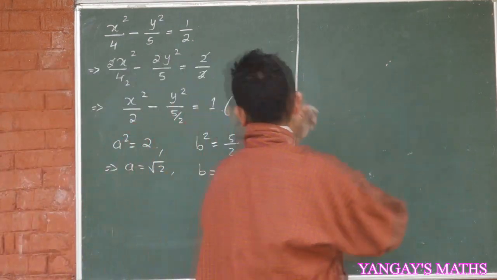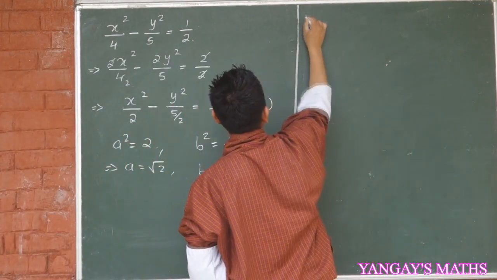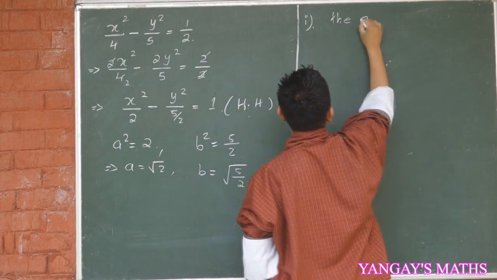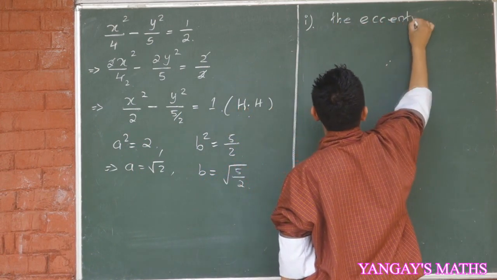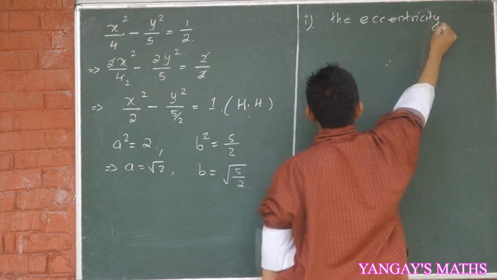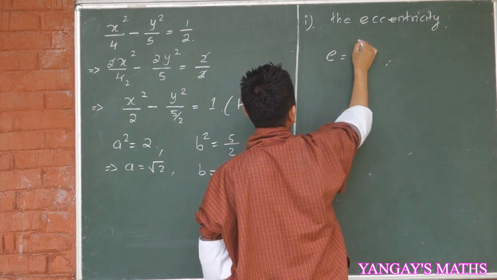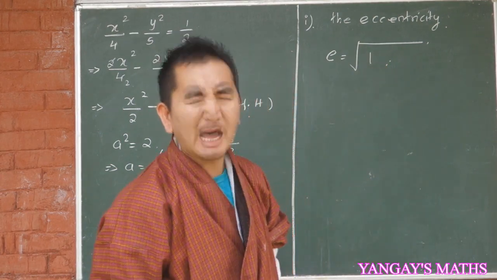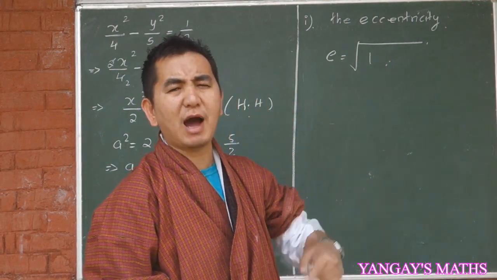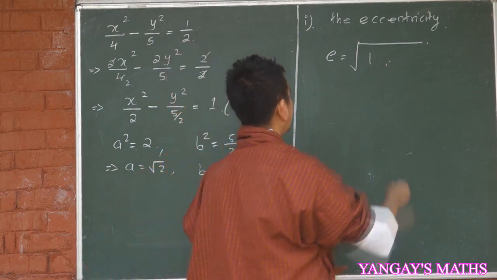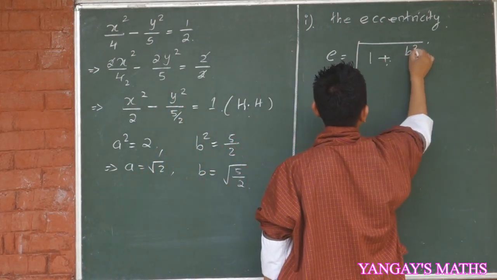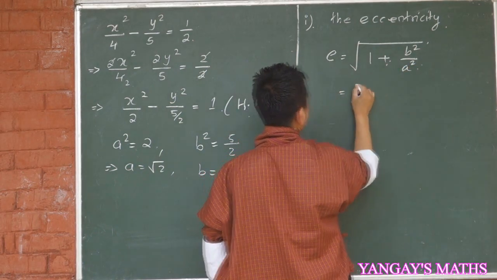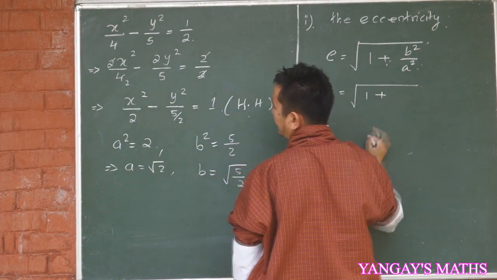So what do we need to calculate first? We need to first calculate the eccentricity. What's the eccentricity formula? e is equal to root of 1 plus, because the eccentricity value for a hyperbola is greater than 1. Here it will be root of 1 plus b squared by a squared. What's the b squared value?